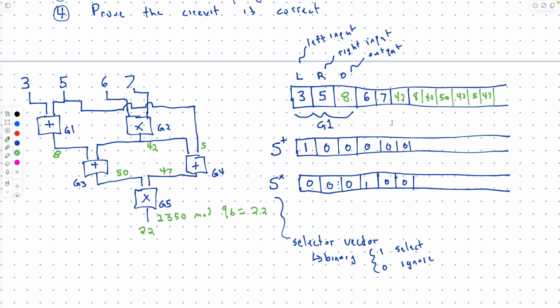And then gate 5 is 50, 47, and 22. I'll just kind of mark them like this because it's going to get harder to see.